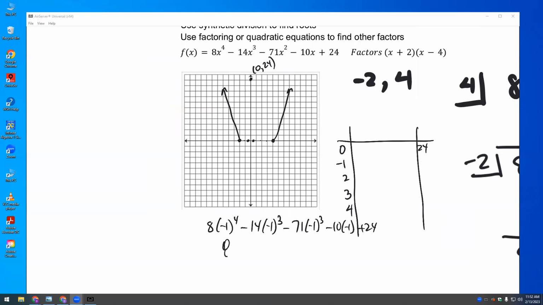This is -1, positive 14. Oh, sorry, this is the second power, right? This is 1, -71, plus 10, plus 24. You guys get this? So it should be a negative number, 22, -18, -15, thank you. So -15.